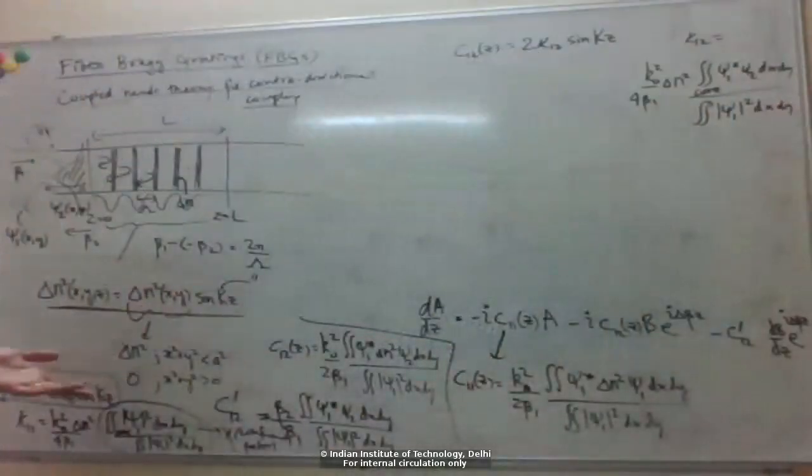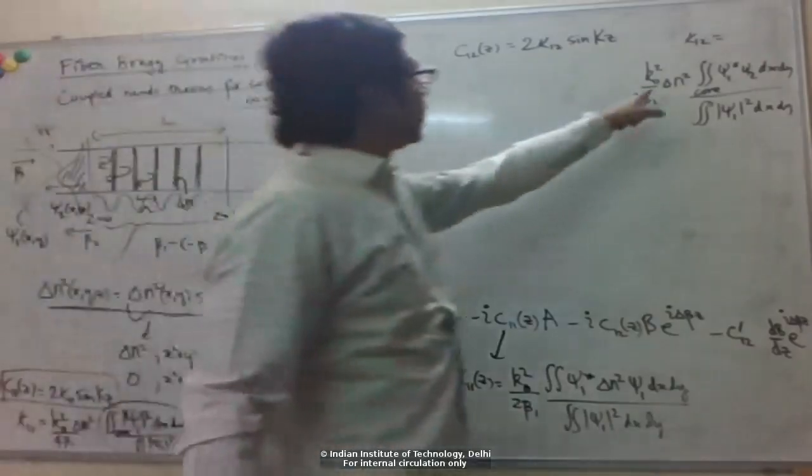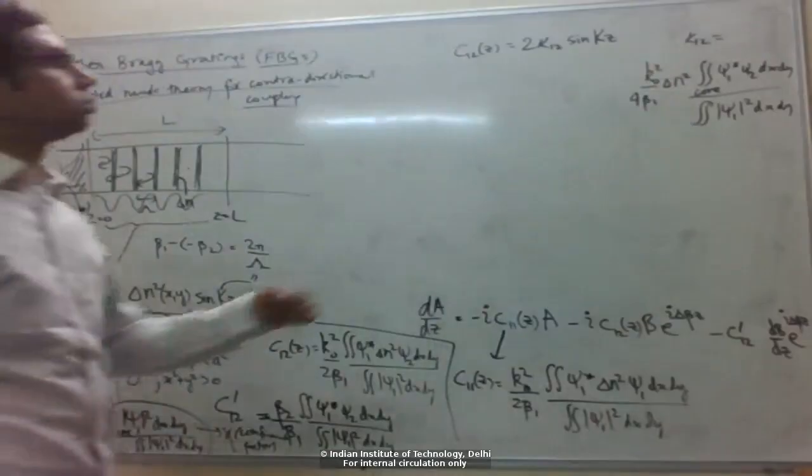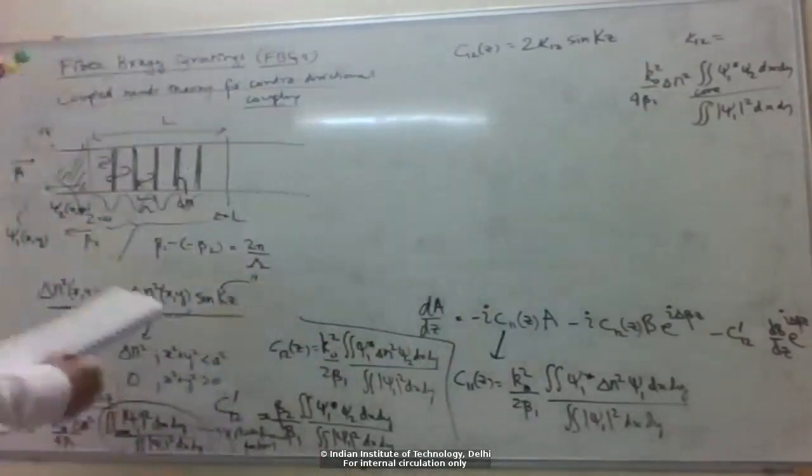Okay, so again, if you have a single mode fiber, then psi 1 is equal to psi 2, and then kappa 1,2 is the same as kappa 1.